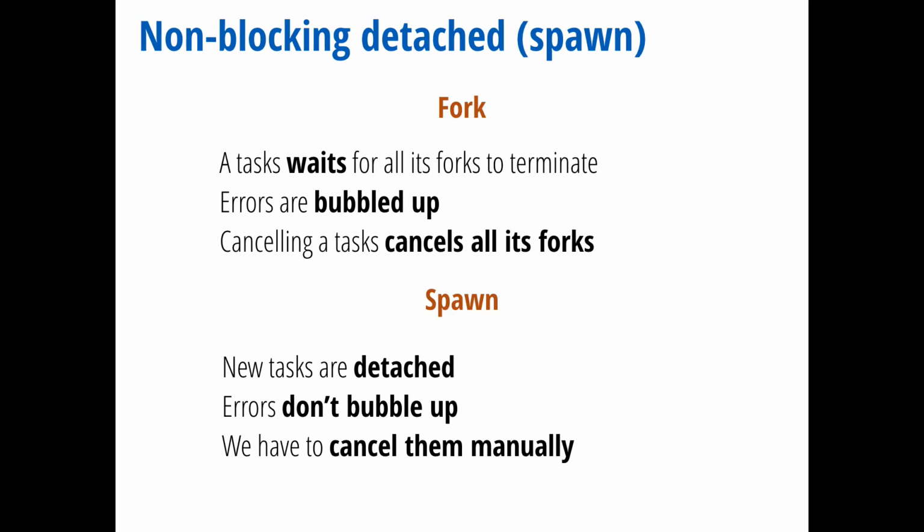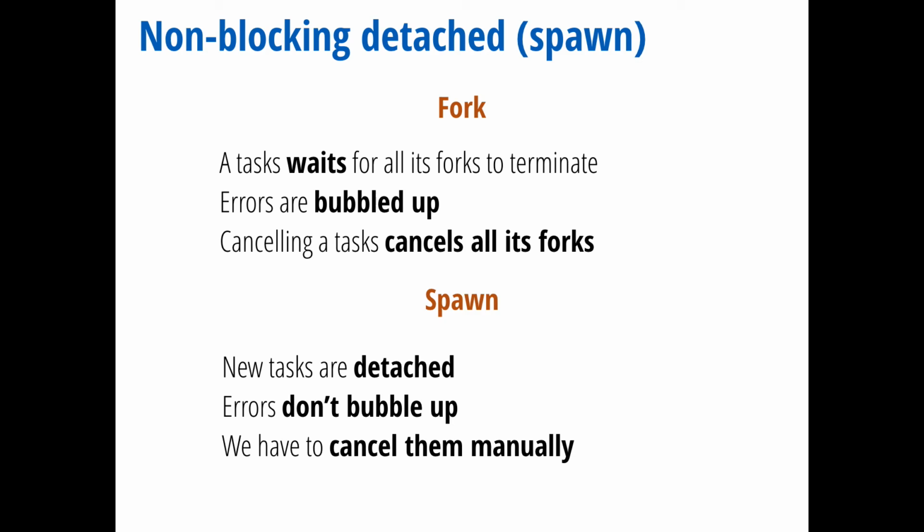Then there is another option. It's called spawn. The difference is that in fork, a task waits for its forks to terminate, and errors bubble up. If some child finds an error, everything crashes. That's okay, maybe for you, depending on the use. Also, if you cancel a task, you cancel all its forks, as we saw in the game.